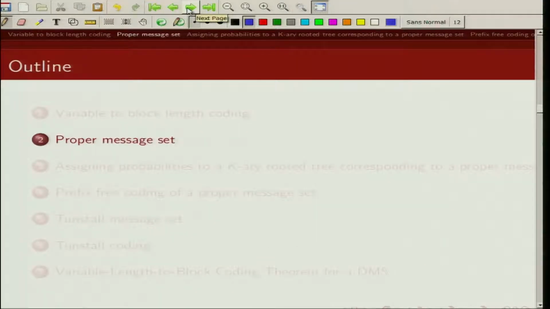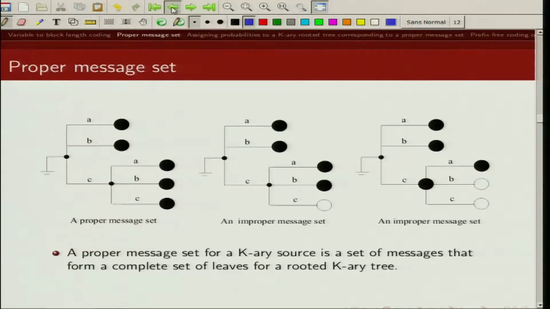Now how do we do this source parsing? That brings us to the concept of proper message set and improper message set. So look first at this example. Let's say I have a source that emits three letters. It's a ternary source which emits A, B, and C. And let us look at this particular message set.